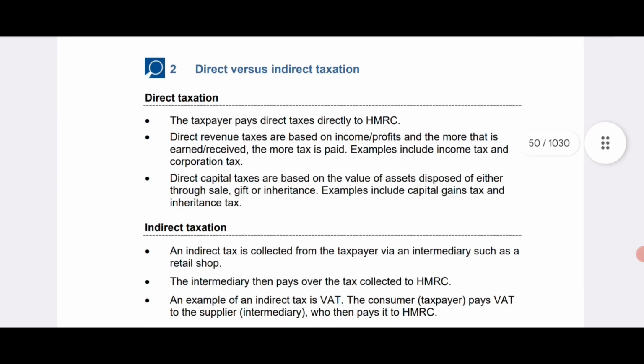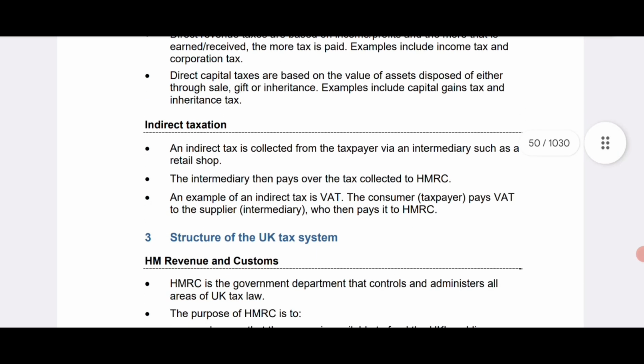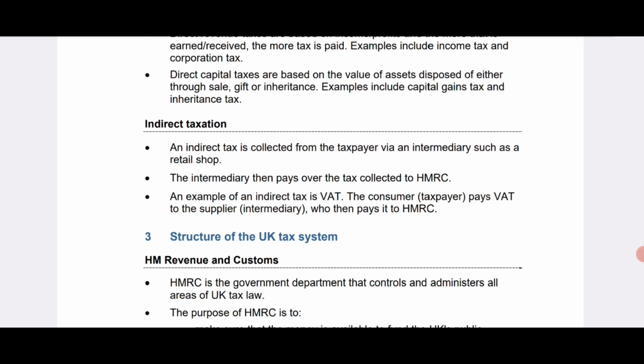Direct taxation is where the taxpayer pays tax directly to HMRC. Direct revenue tax is based on income and profits, whatever your company is earning, so they pay tax directly to the authorities. This is called direct taxation. Indirect taxation is collected from the taxpayer via an intermediary such as a retail shop.